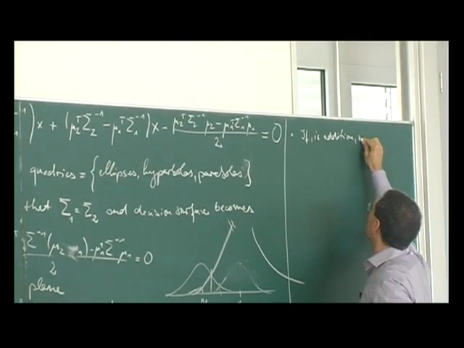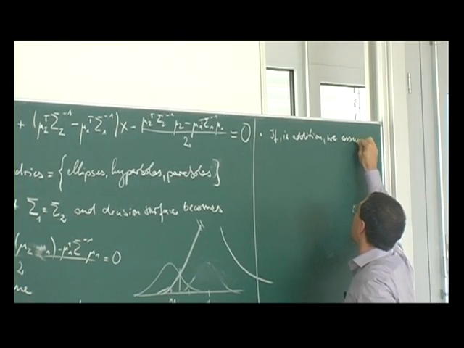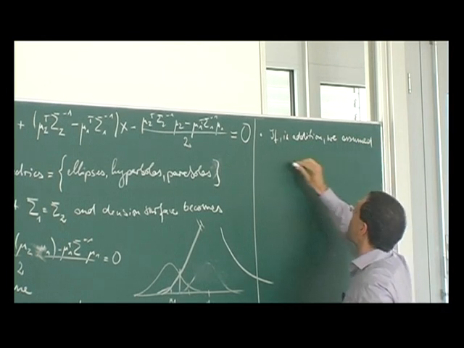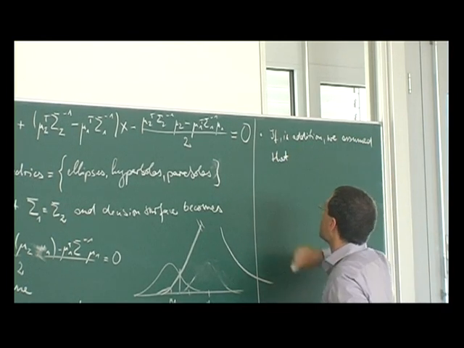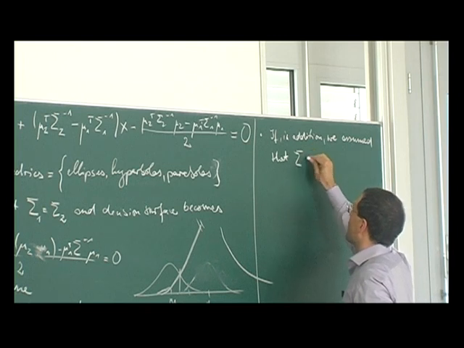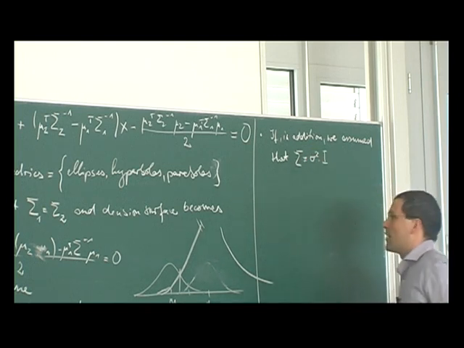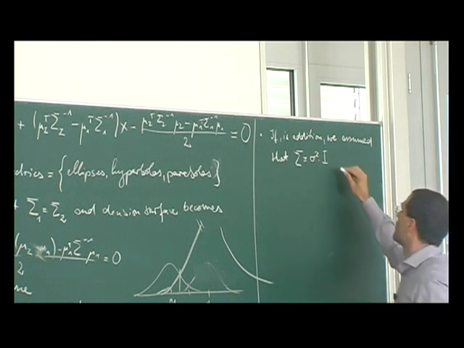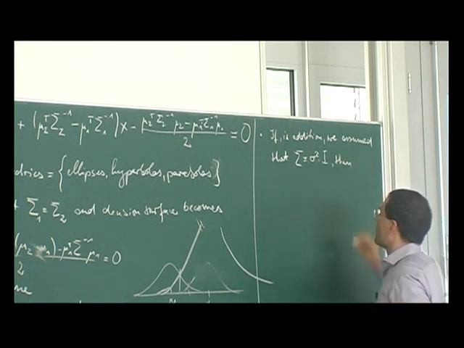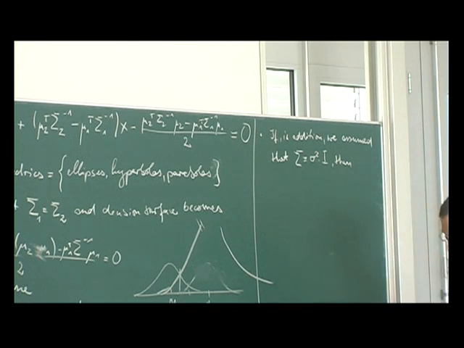If in addition we assume that the covariance matrix is just a multiple times the identity matrix, then the decision surface will just be a plane that lies right between the means.